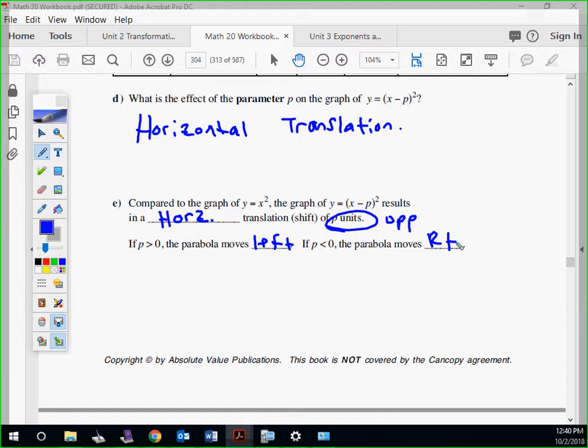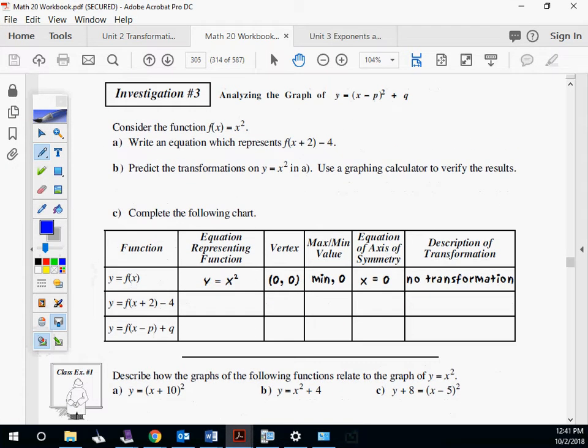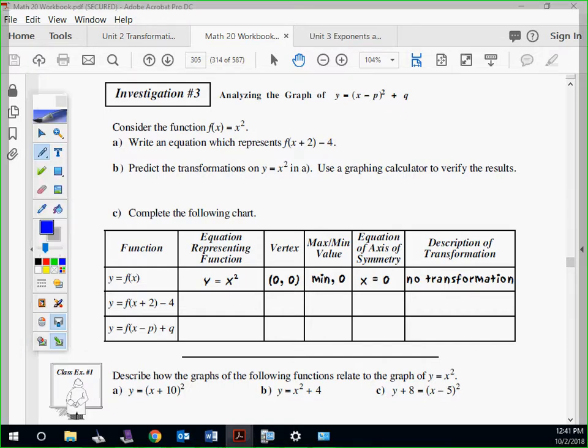All right, now let's put them together. Last page here. So we have a combination. We have an x plus 2 and a minus 4. F of x would be (x plus 2) squared minus 4. What would those two movements be?